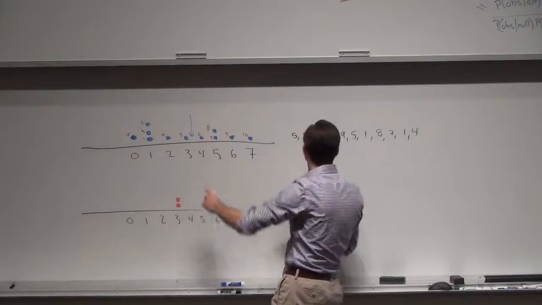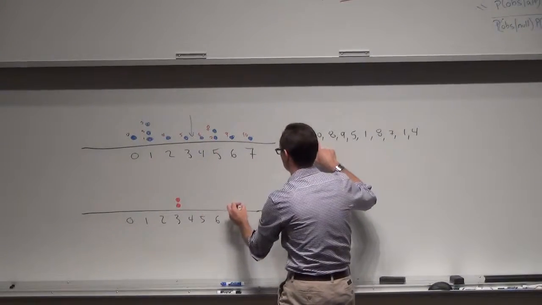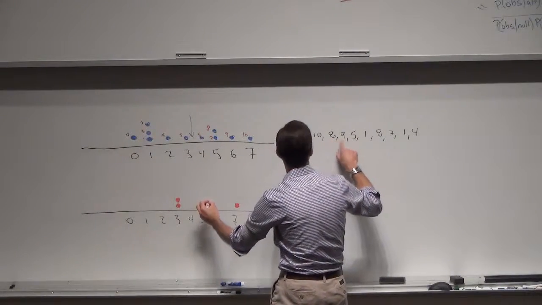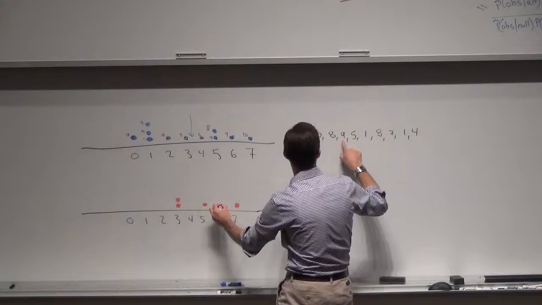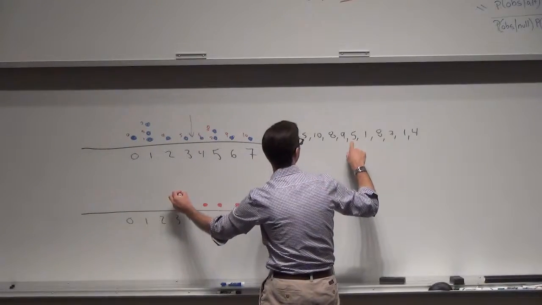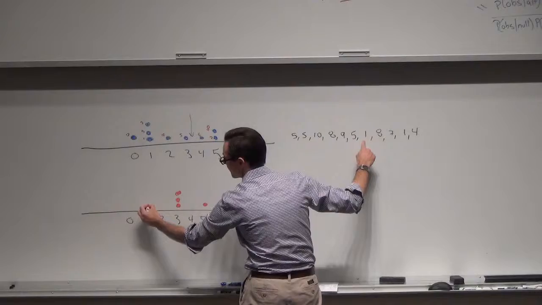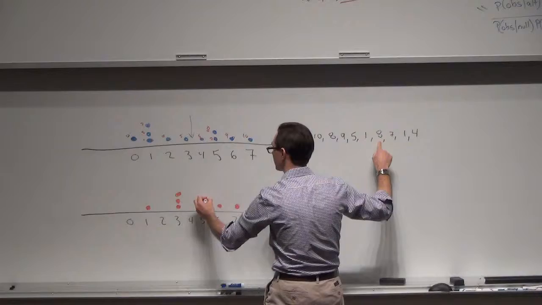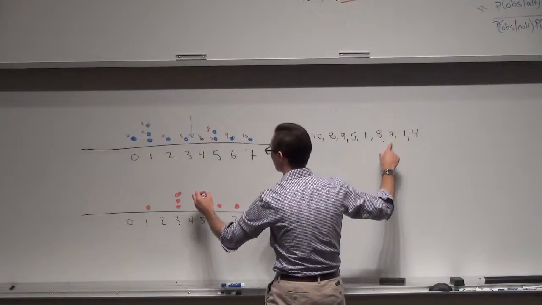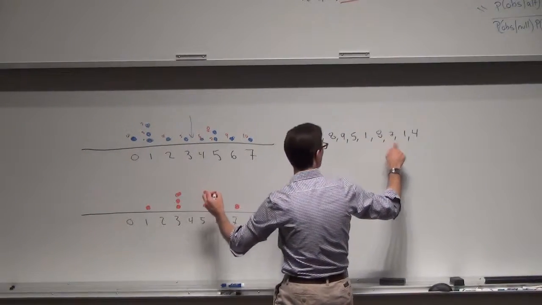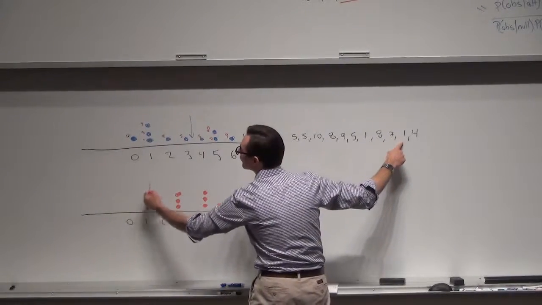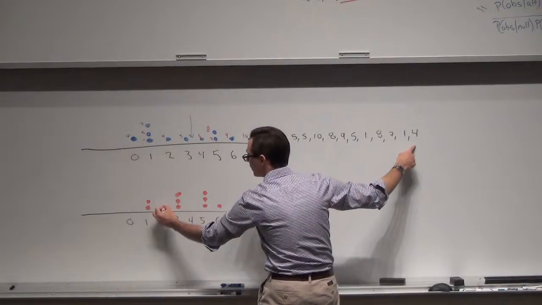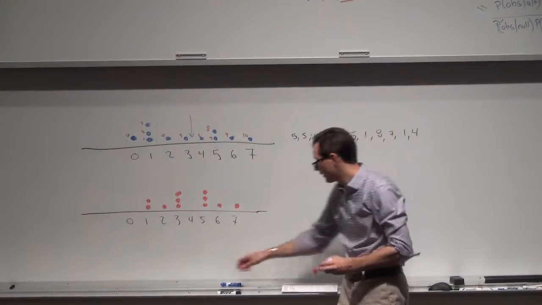Does that make sense? 1 of mouse 10. 1 of mouse 8. 1 of mouse 9. Oh, another mouse 5. Mouse 1. Mouse 8 again. Mouse 7. Mouse 1. Popular mouse 1. And mouse 4. Okay.